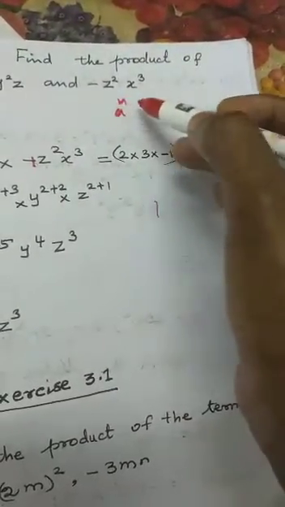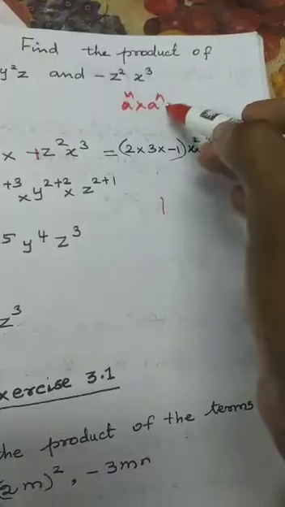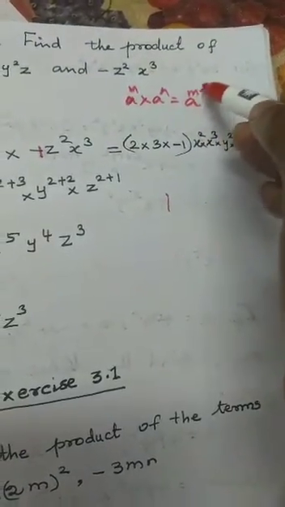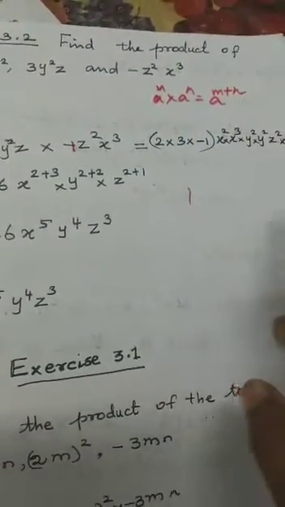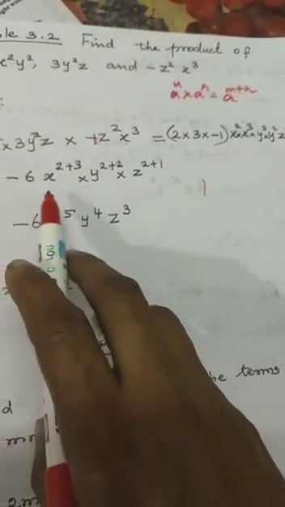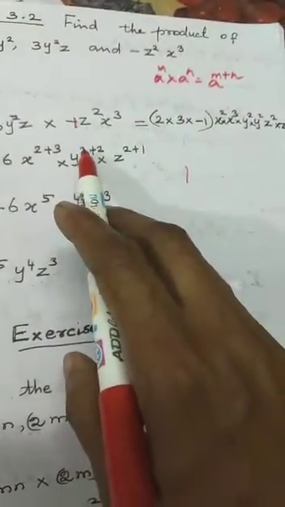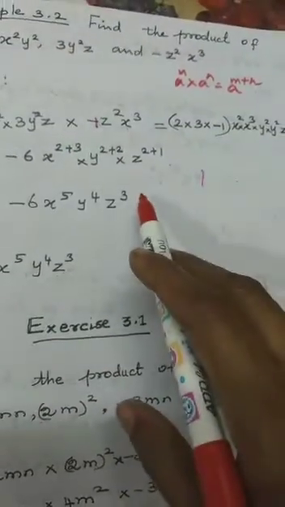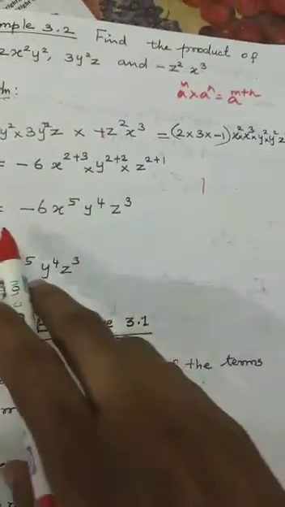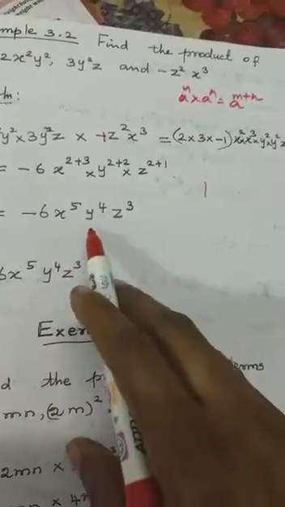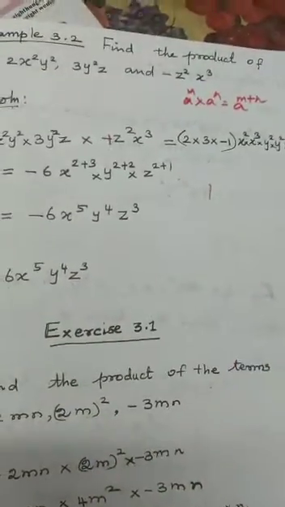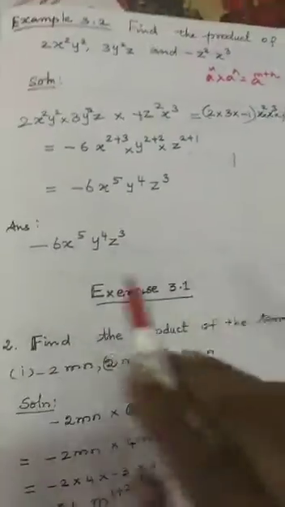Which formula? a power m into a power n equal to a power m plus n. Now minus 6, x power 2 plus 3, into y power 2 plus 2, and z power 2 plus 1. So minus 6x power 5, y power 4, z power 3 is the answer.